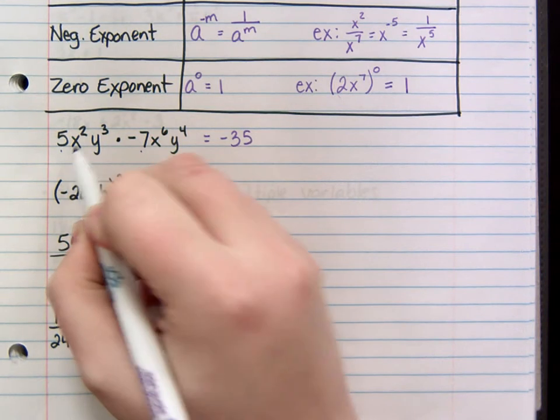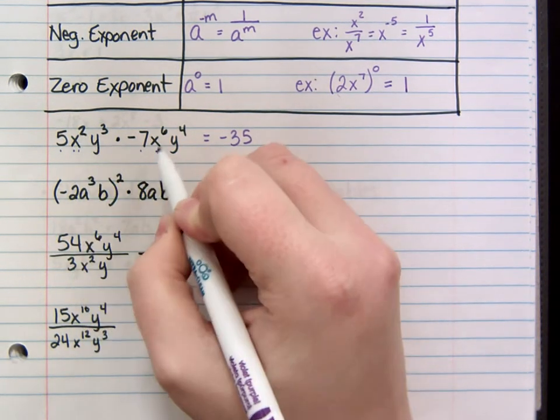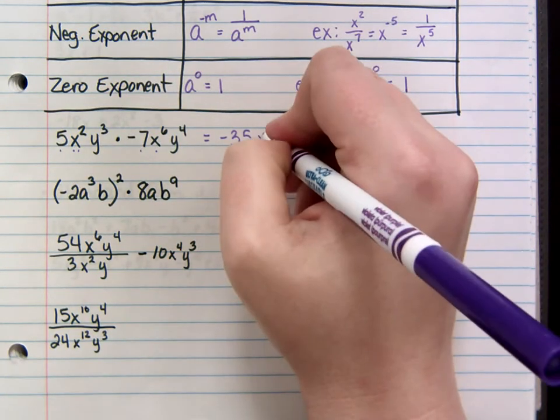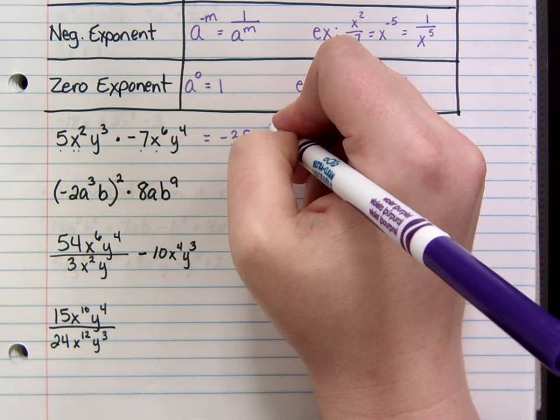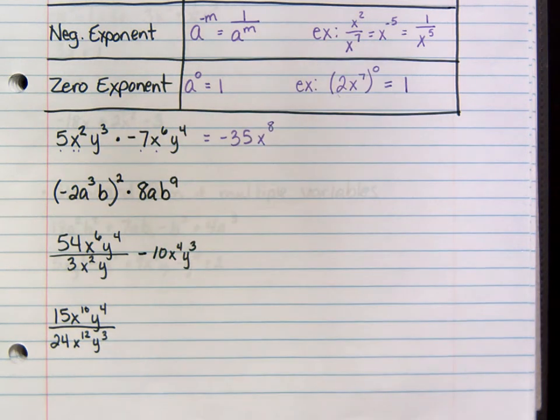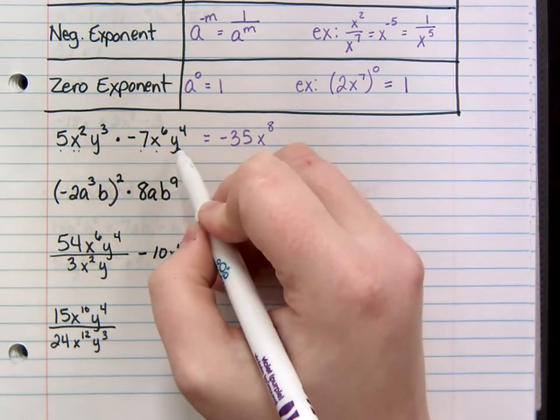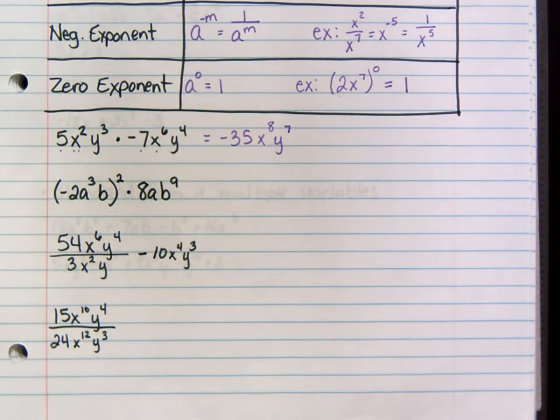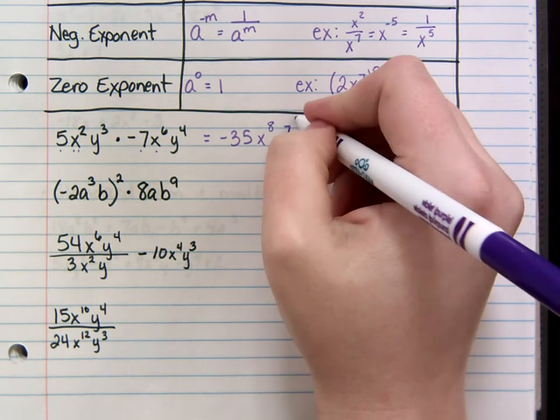Multiply the x's. X squared times x to the 6th. Well, product rule says we are going to add those exponents to get x to the 8th. Y cubed times y to the 4th gives me y to the 7th, because you add your exponents.